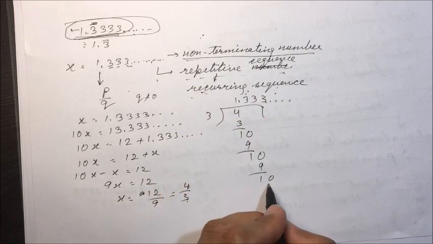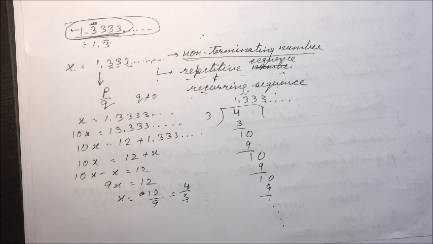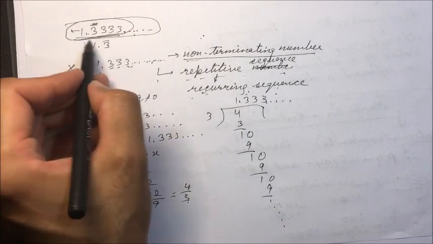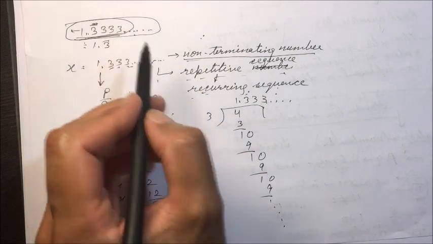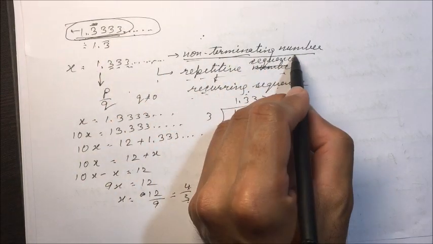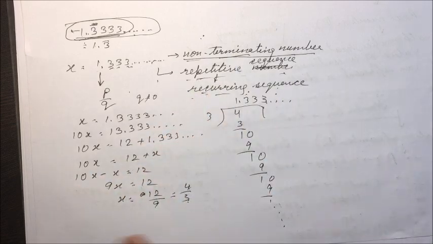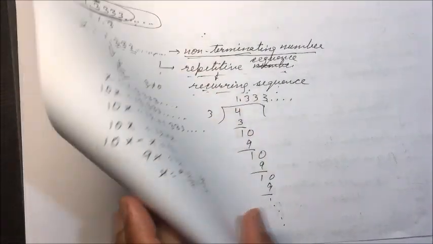So it will never end. Such numbers which are non-terminating and having a repetitive recurring sequence are rational numbers.